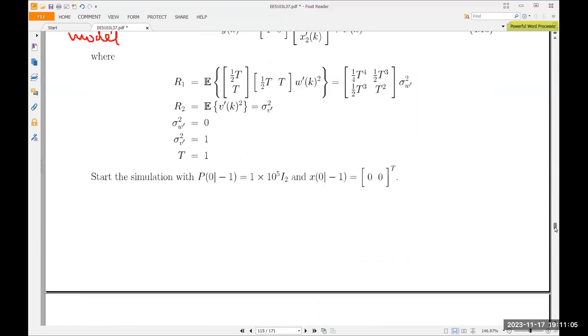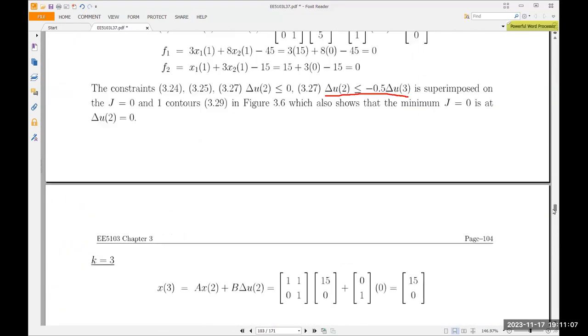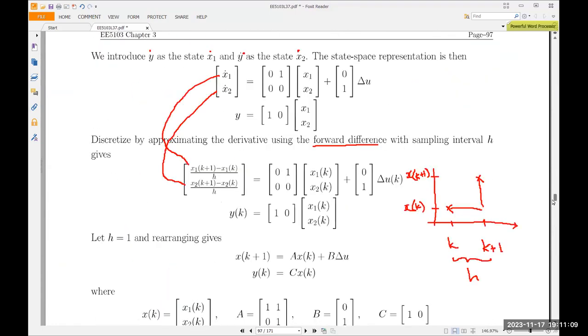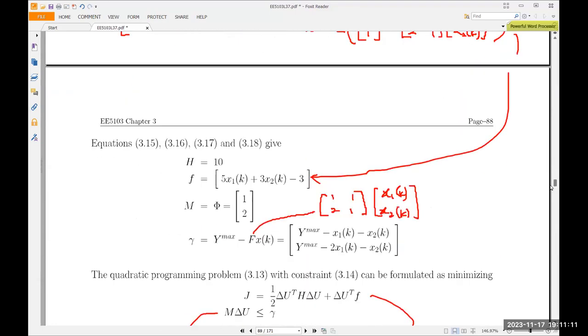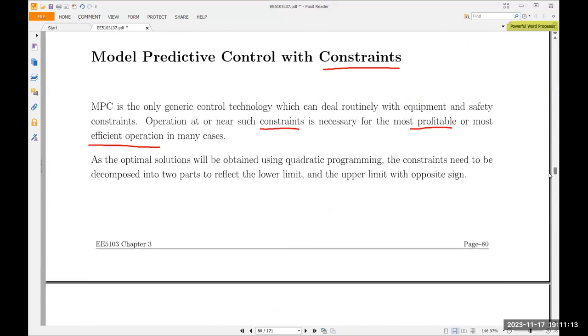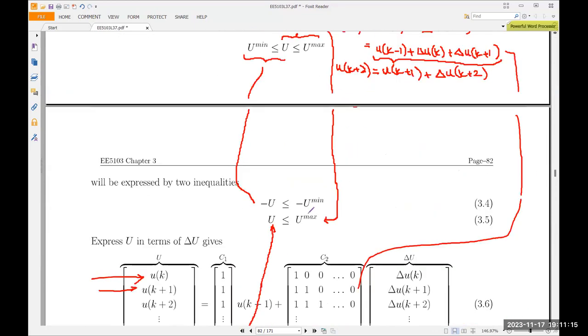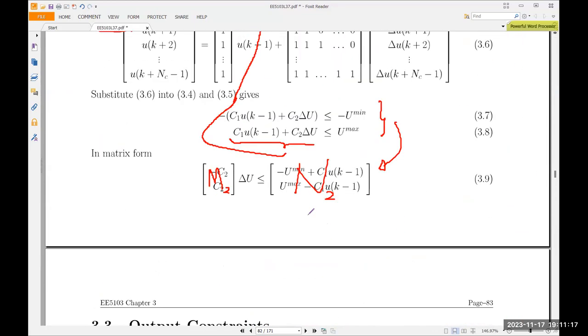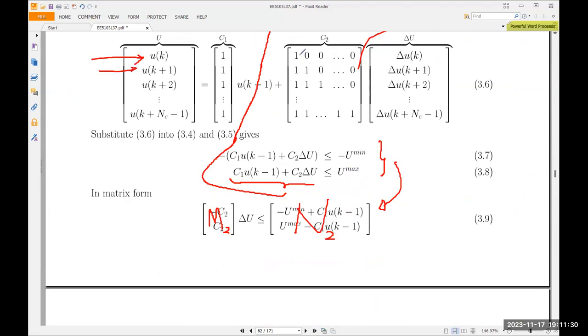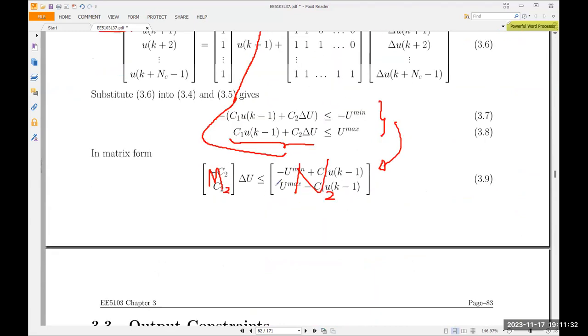It's a U max inequality. No, this is the one. So you go and take out this. This would be your gamma, your M is C2. So you go and see what is your C2. All right, and what is your C1 and UK minus 1?